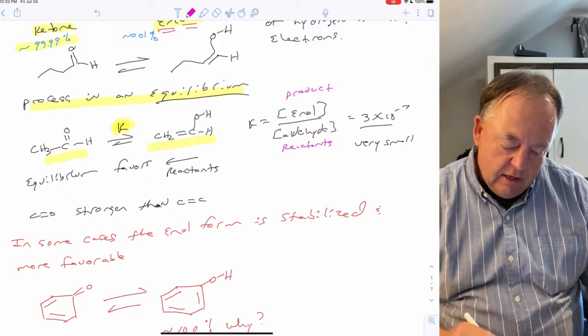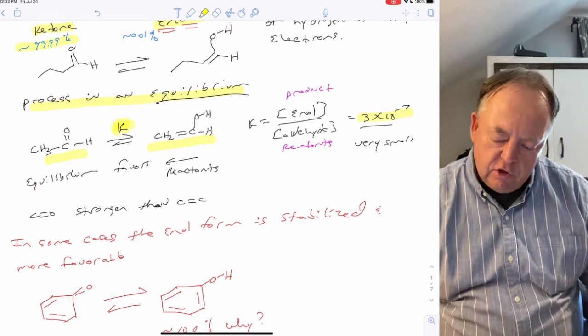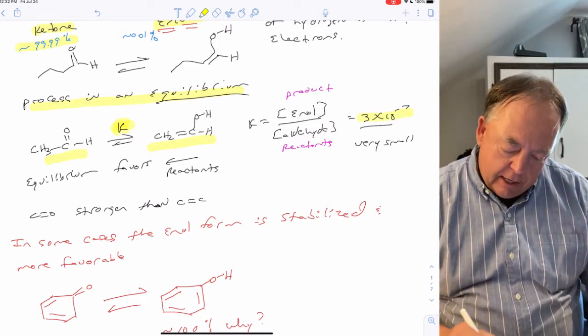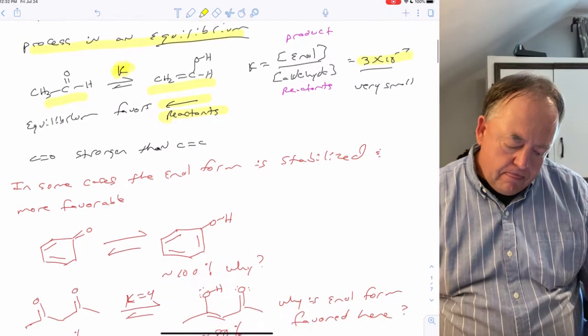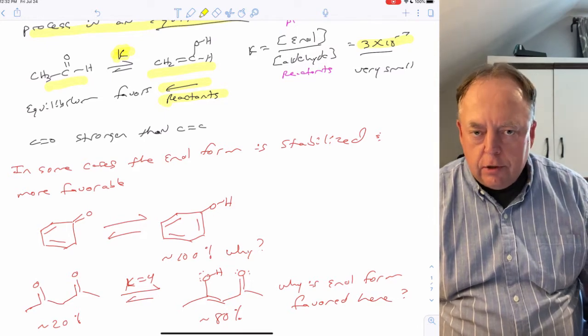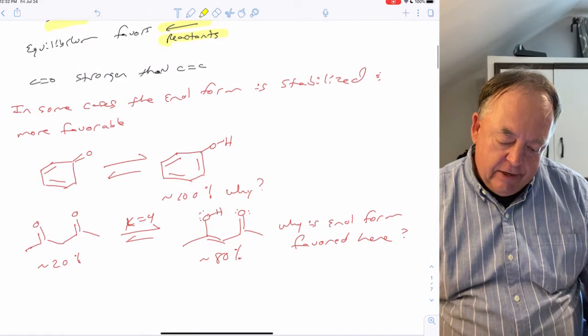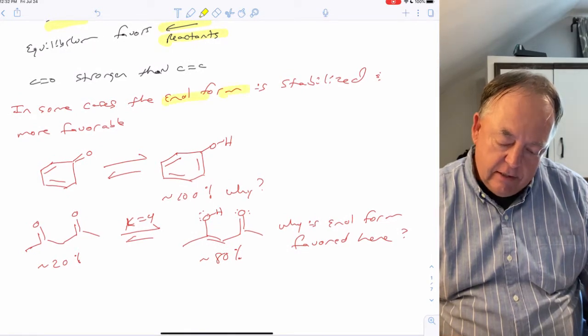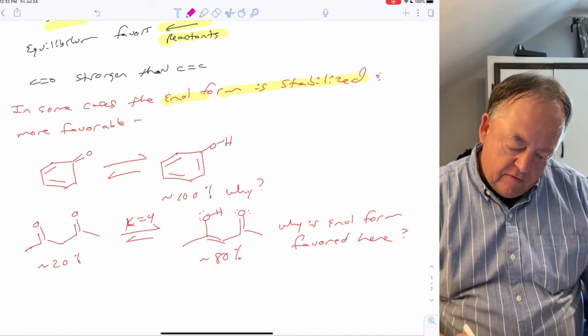In this case, for acetaldehyde, the equilibrium constant is only 3 times 10 to the minus 7, so it's extremely small. The reaction highly favors the reactants. The equilibrium lies far to the left. One of the reasons why is because carbon-oxygen double bonds are stronger than carbon-carbon double bonds. But in some cases, the enol form is stabilized, in which case the enol becomes more favorable.